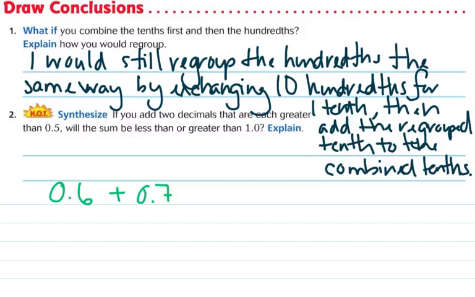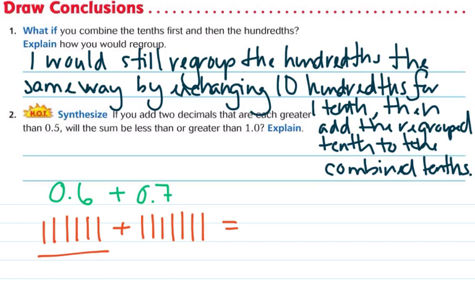If we have 6 tenths, we have 6 longs. And then if we have 7 tenths, we have 7 longs. So now, boys and girls, if we add 6 longs and 7 longs, we would get 13 longs.